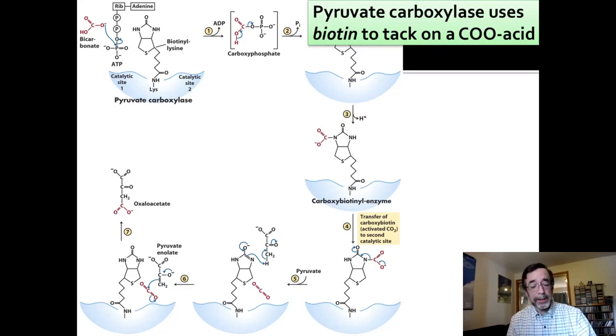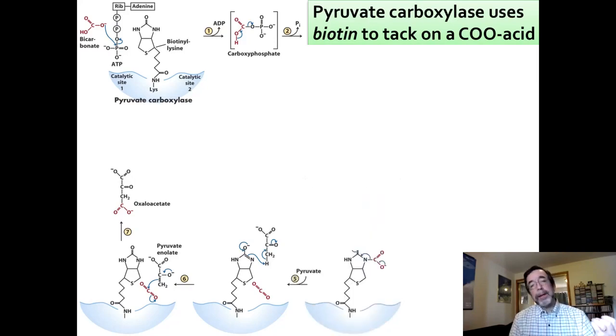You can carboxylate it, which means you now have an activated 1-carbon unit that wants to react with something else. So you react it with pyruvate. You do the enol chemistry. You turn it into the reactive enol form, and then you react the enol form with the carbon so that you form a CC bond, and you make oxaloacetate.